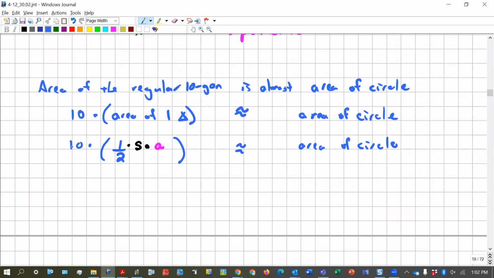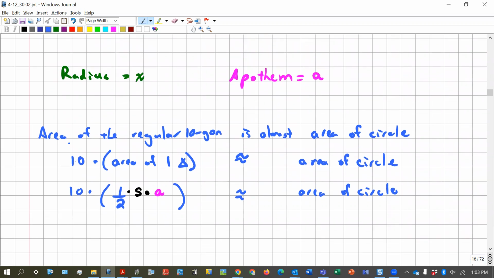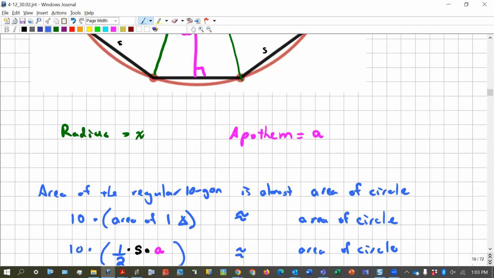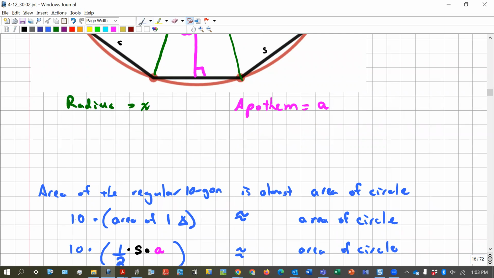And as the number of sides gets bigger and bigger, the area of the polygon gets closer and closer to the area of the circle. And also the perimeter of the polygon is almost the perimeter of the circle. And we can use those ideas to help us figure out why the formulas that we end up with for circles are what they are.